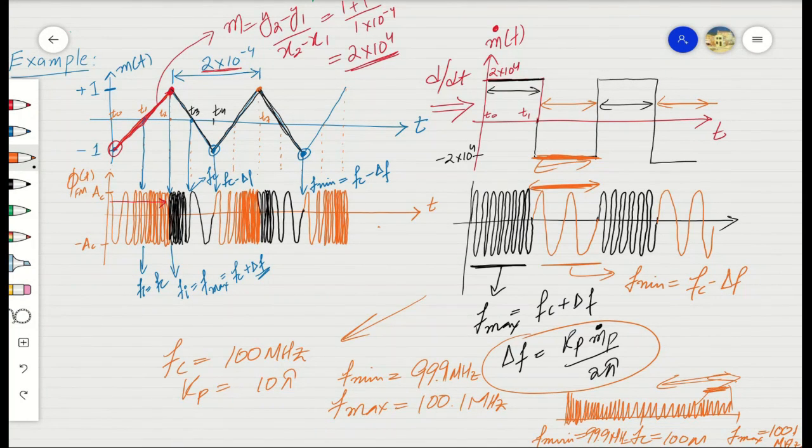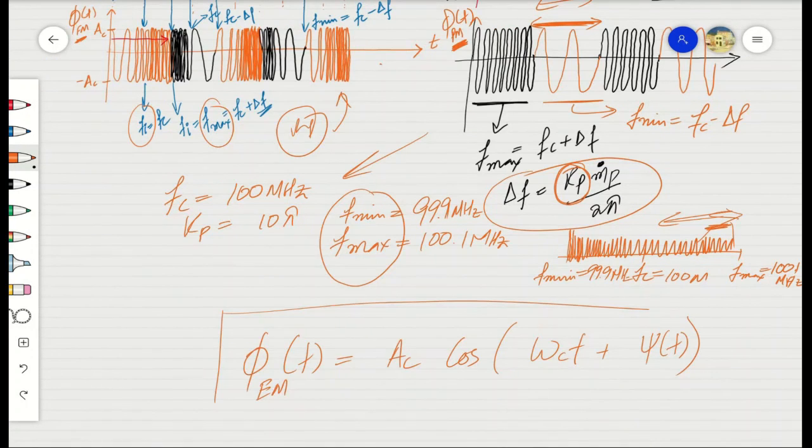For the same information signal, the frequencies in the case of the phase modulated signal will change with respect to the derivative of the information signal, and we may see different frequencies for different spans. So for the same information signal, the frequency and phase modulated signals will appear different, as seen in this example.